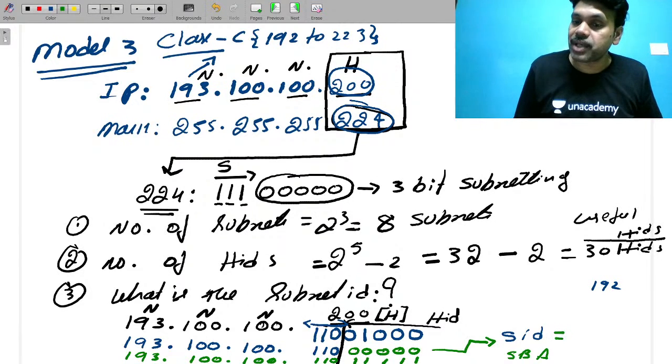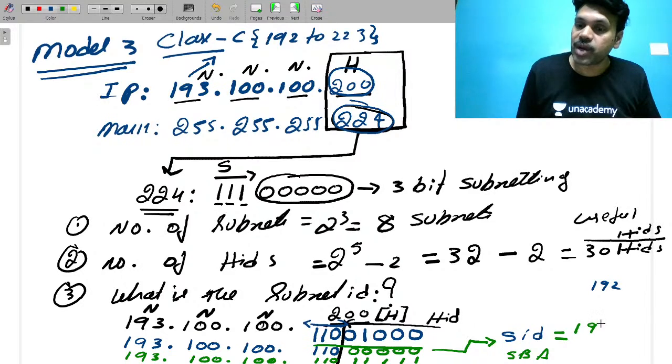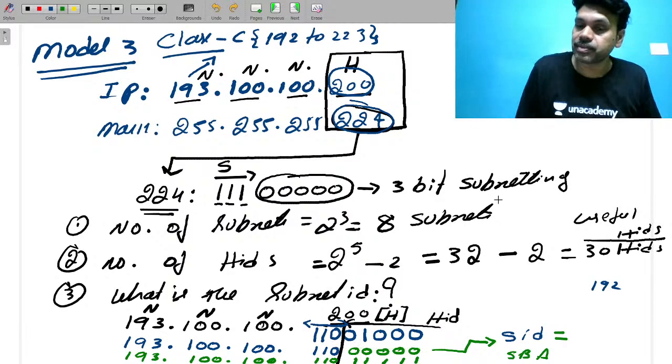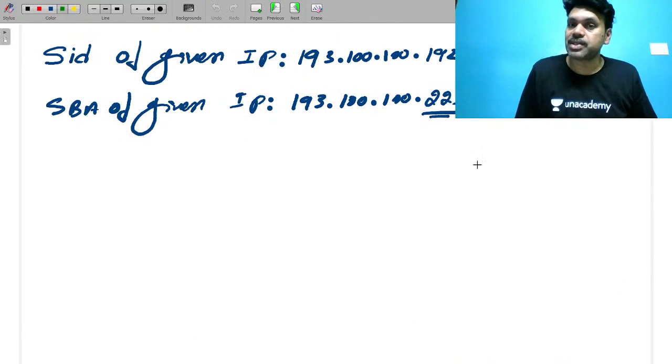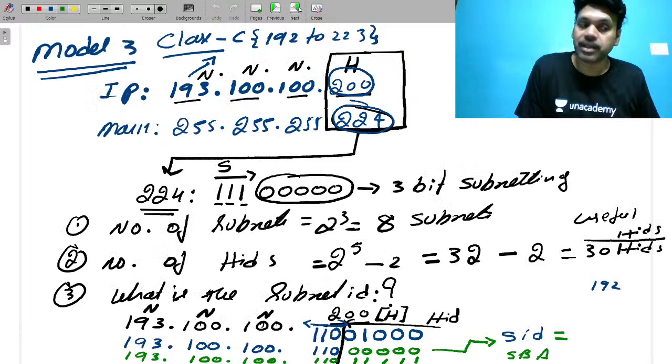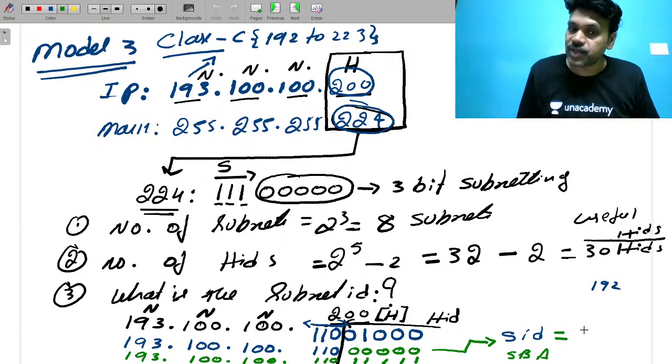So what is your subnet ID? 128 is on and 64 is on, the remaining are off. So the subnet ID is 193.100.100.192. We also got the same answer. In the previous one, you observed the subnet ID was 192 and the subnet broadcast address was 223. We will get the same.